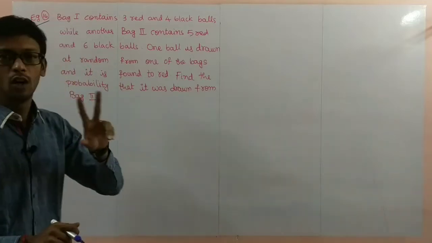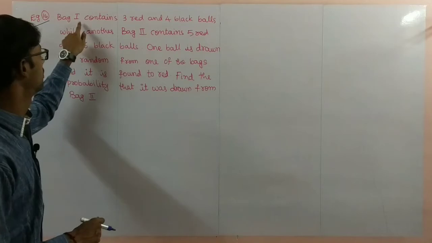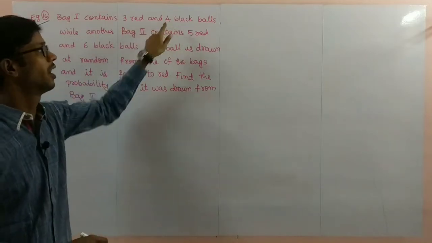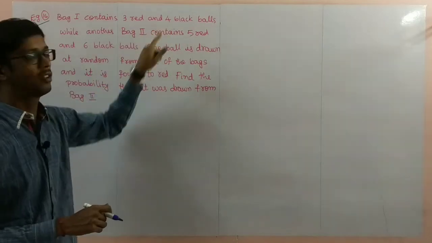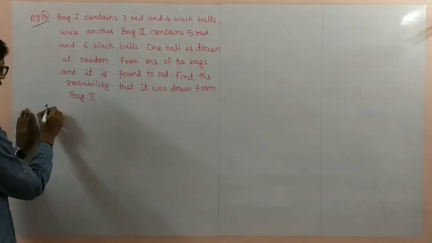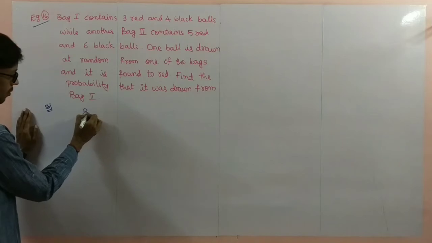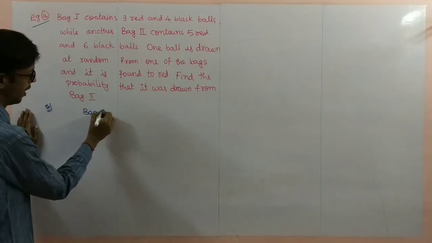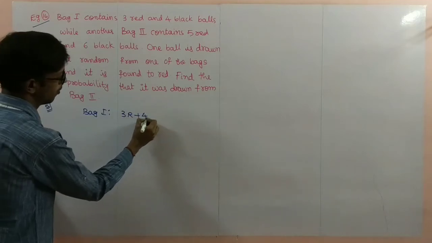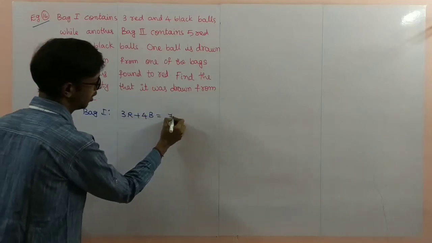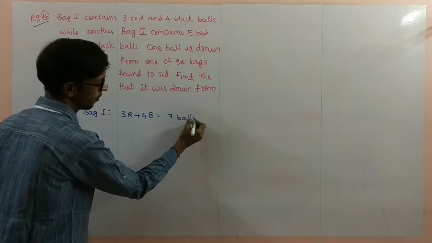Here you observe there are 2 bags. Bag 1 has 3 red balls and 4 black balls, that is 3 plus 4, 7. I'll write the total things first. Bag 1: 3 red plus 4 black, total is 7 balls.